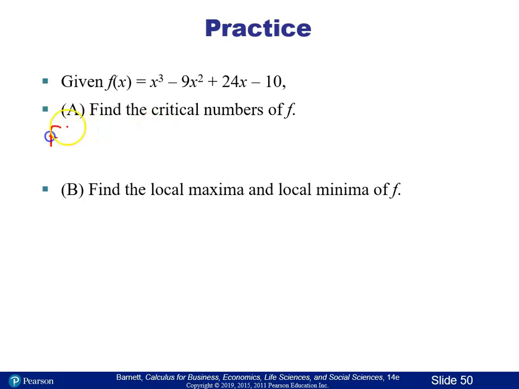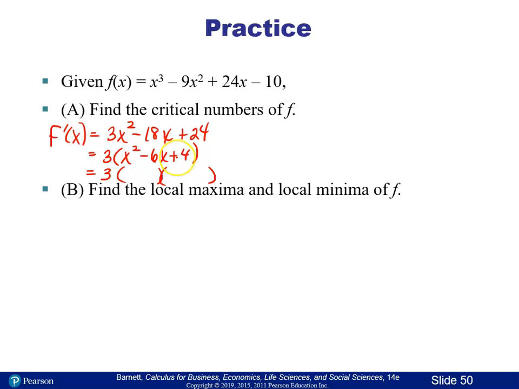Our derivative for this one is 3x squared minus 18x plus 24. So we do have a GCF, which is 3. And I would go ahead and factor this into two parentheses. So we need, actually this should be an 8.